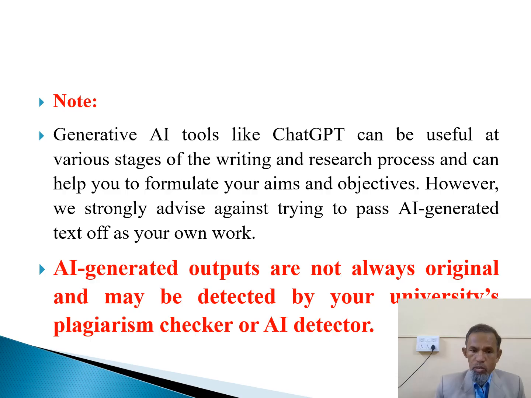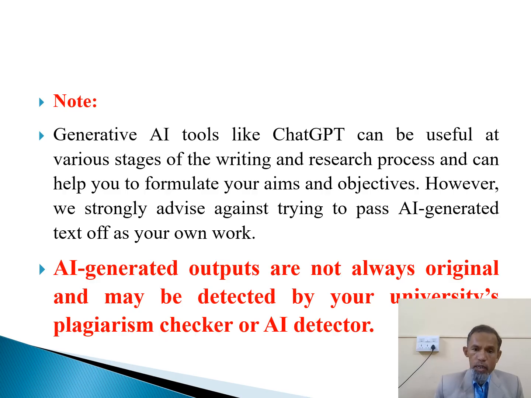in your research process. Generative artificial intelligence tools like ChatGPT can be useful at various stages of the writing and research process and can help you to formulate your aims and objectives. However, we from the university strongly advise against trying to pass off artificial intelligence generated text as your own work.